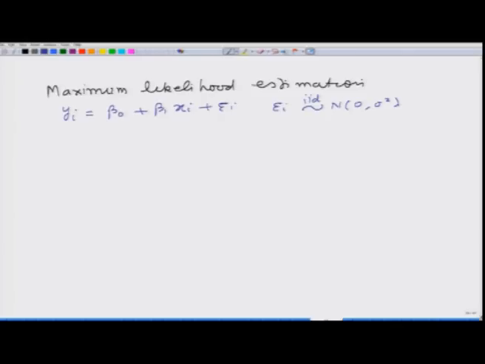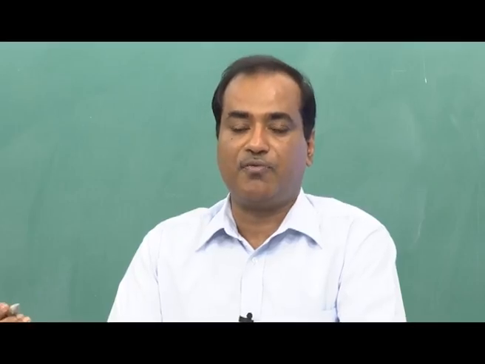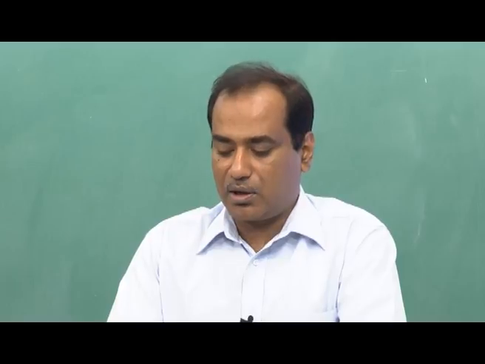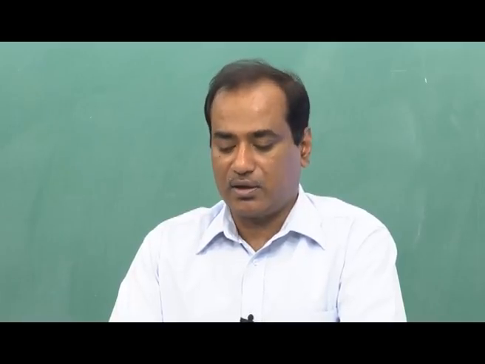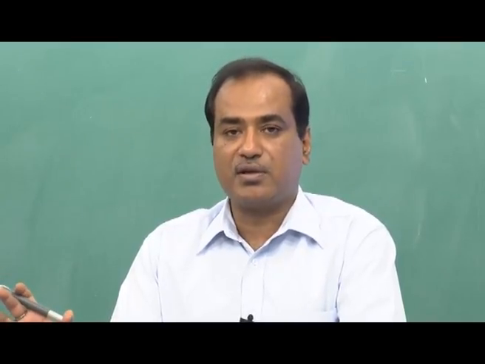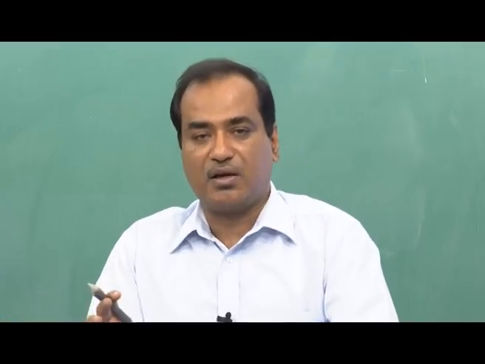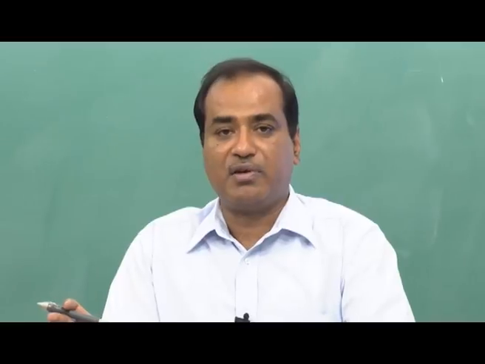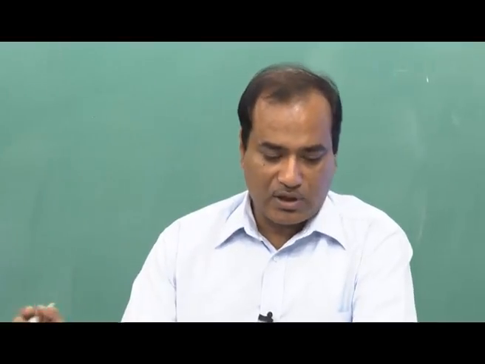So what is a likelihood function? The likelihood function is nothing but the joint probability density function of all the random variables. So here we have the random variable epsilon, and the joint probability density function of epsilon 1, epsilon 2, ..., epsilon n will be the likelihood function of the epsilons.